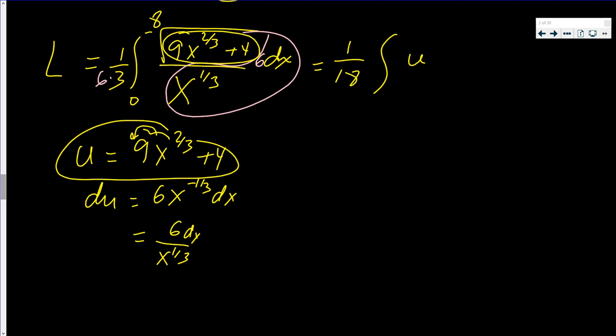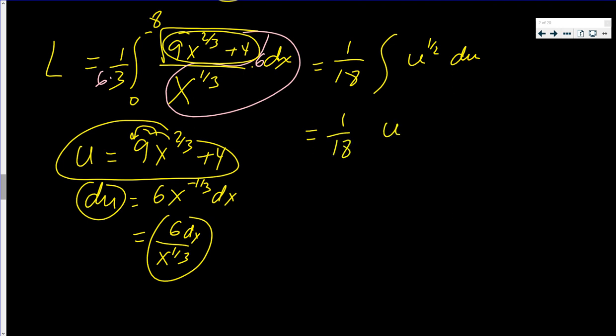But I'll take the square root of it, which is the same as u to the half. And what's being multiplied by that square root stuff is 6x over x to the third. But that's du. Pretty simple. So I have 1 over 18 u to the 3/2. Then I divide by 3 over 2.